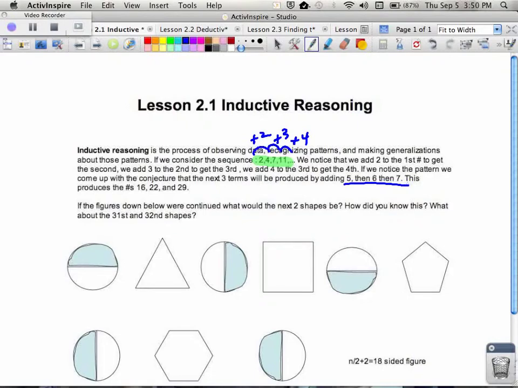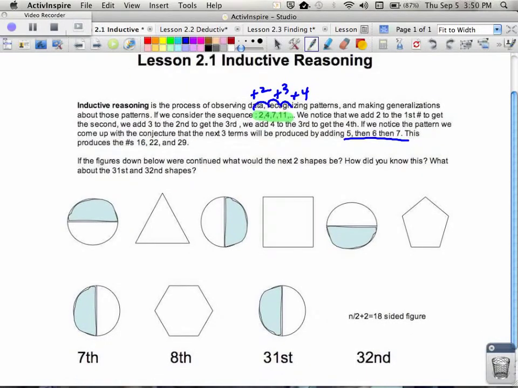In this next example, we see some figures, and if the figures down below were continued, what would the next shape be, or the next couple shapes, and how did you know it? What about the 31st and the 32nd shape? As I look at this, if we look at the first shape, it's a circle. The second shape is a triangle.